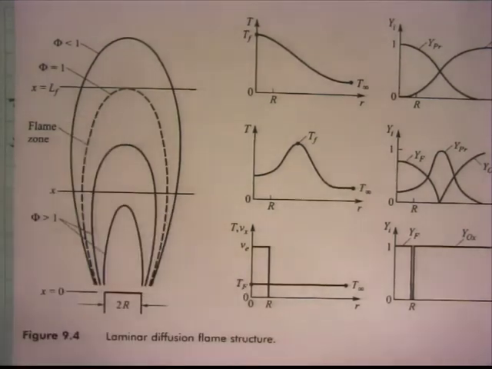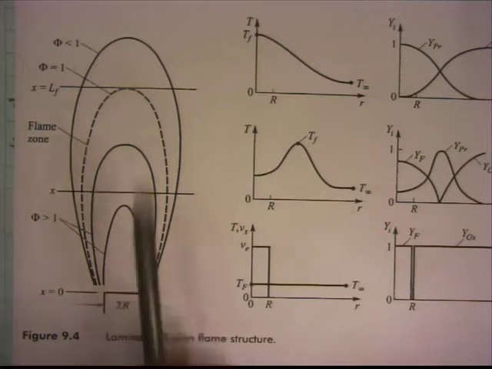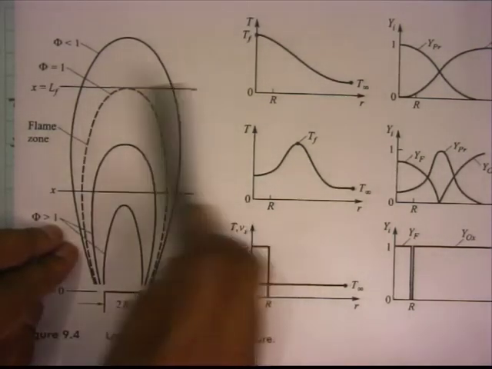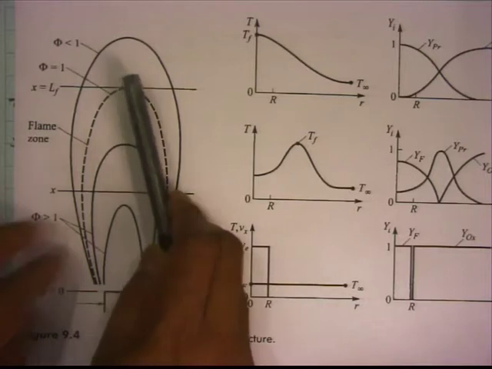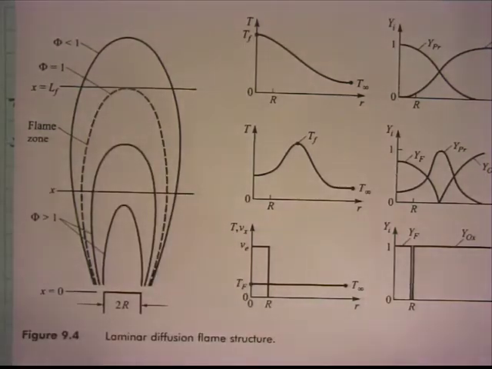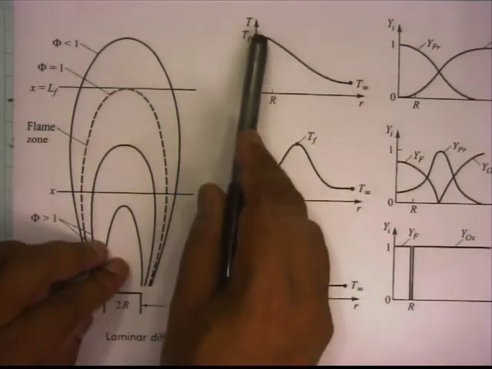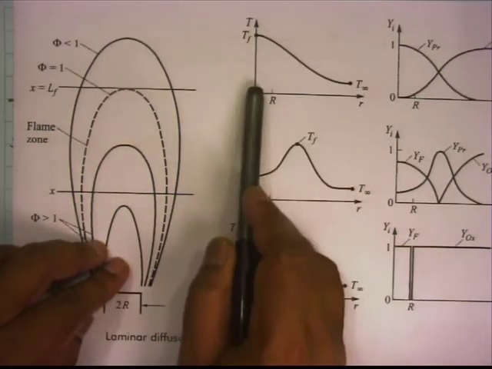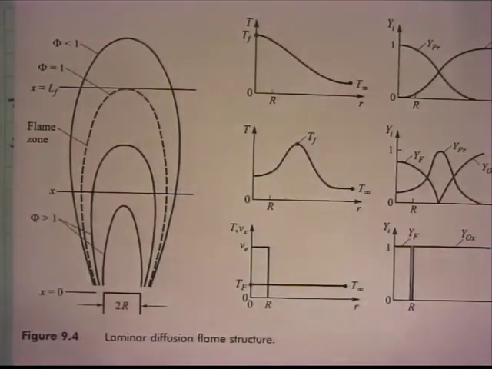Flame is the dashed line corresponding to equivalence ratio of 1. So, if you run this surface, then you are getting phi equal to 1, that is the flame at the center line. So, at the center line you will get the maximum temperature. So, that is why you get temperature as a function of the radial distance, temperature is maximum at r equal to 0.